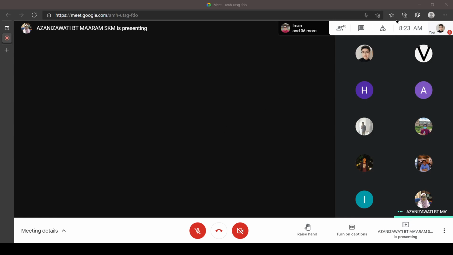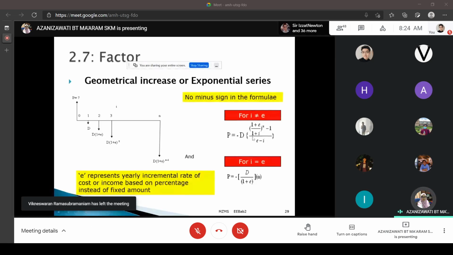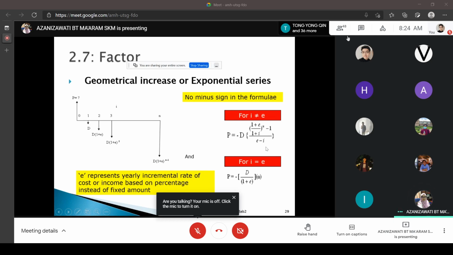So if I is 15%, you have to use this formula: 990 times 1 plus 0.1, plus 1 plus I, 15%, and E is 10%, minus I, which is 15%.